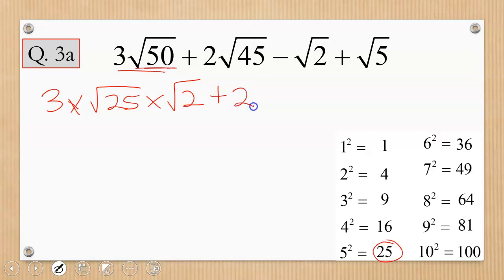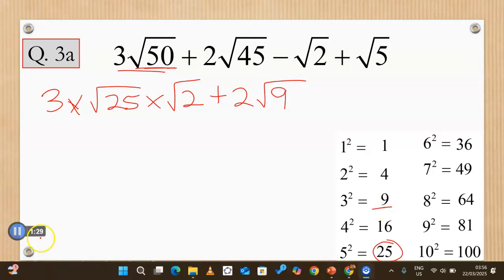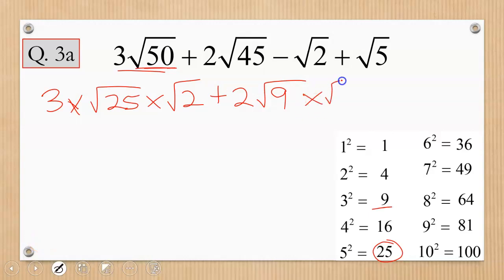Then we bring our 2 root 45, and for 45, the perfect square that can divide 45 is 9. And 9 times root 5 will give us 45. Then we have our minus 2 already there, plus root of 5. Now we reduce this to the lowest form.